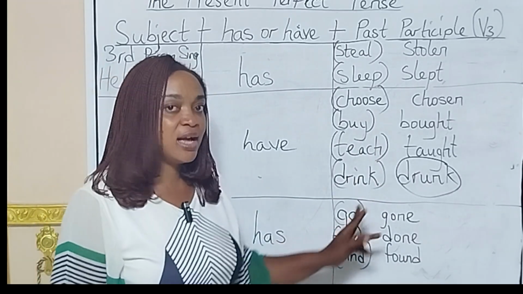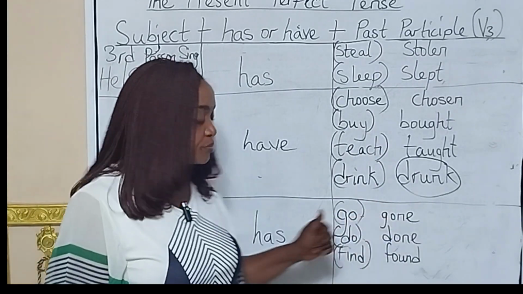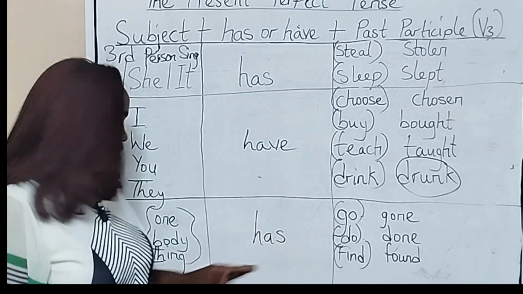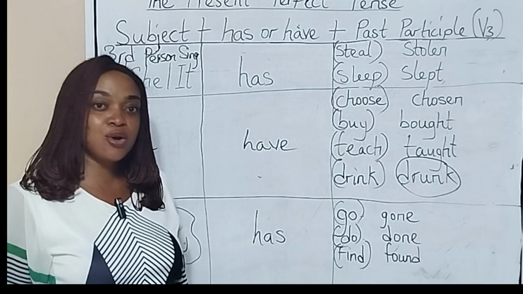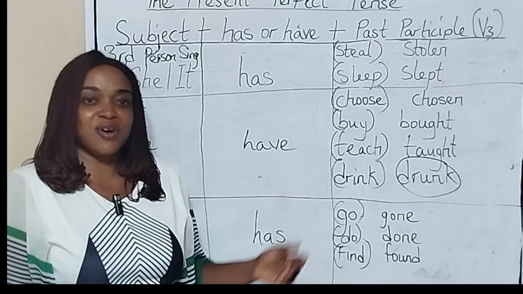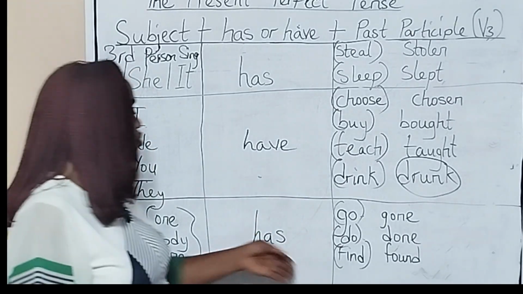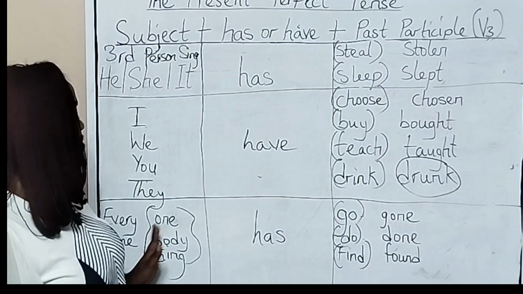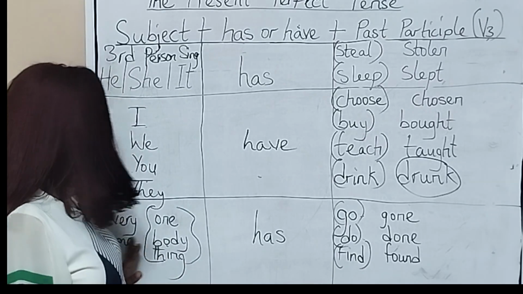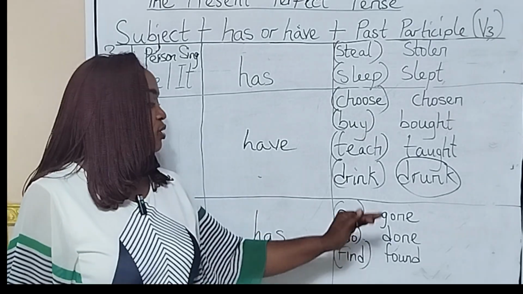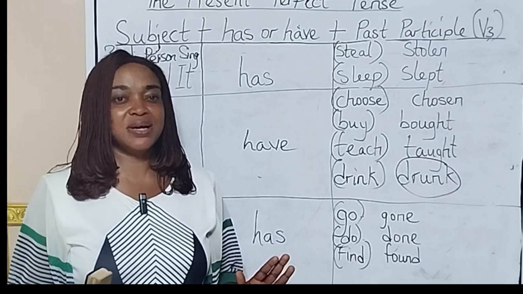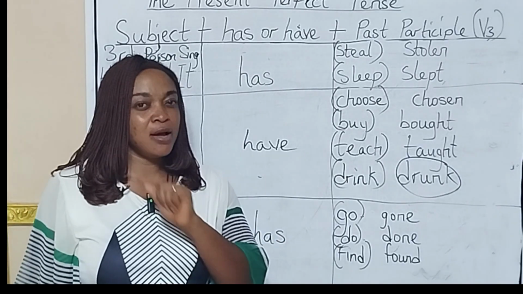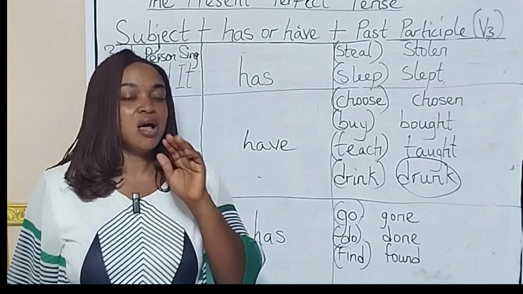It could be go, and you say, everyone has gone. Everybody has gone. Everything has gone. No one has gone. Nothing has gone wrong. You're correct. And you can have done. The base is do. Everyone has done his assignment. Somebody has stolen. Any of them can go. Bear in mind that these are called indefinite pronouns. Is that understood? All right.